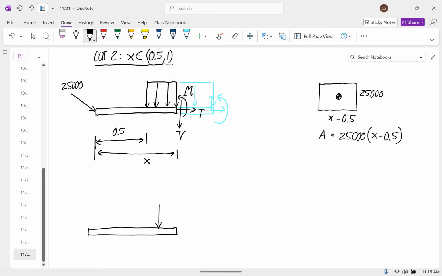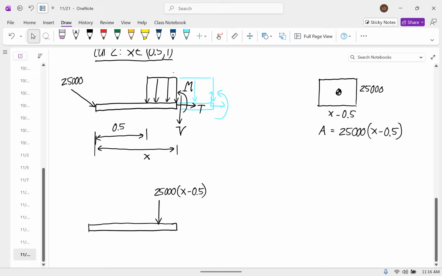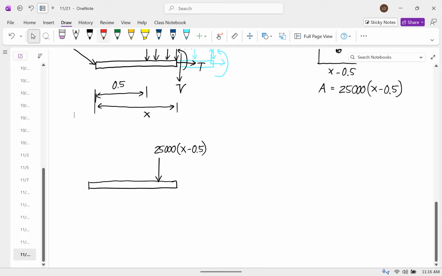And the magnitude of that force is 25,000 times the quantity x minus 0.5. And then what's the distance from the left end to where that distributed load acts? That's going to be important to us.